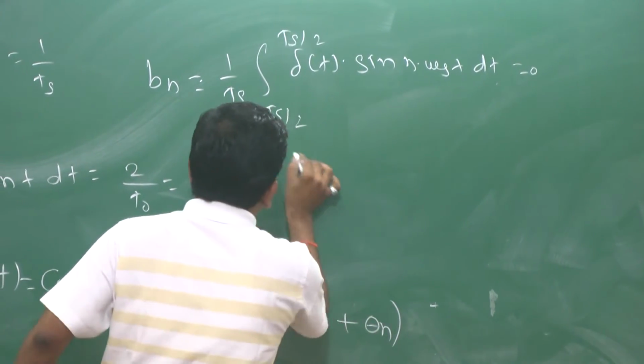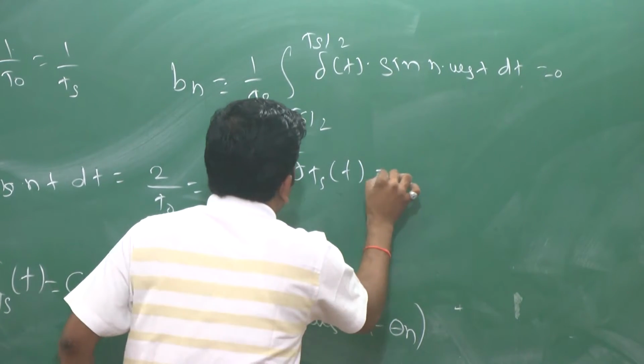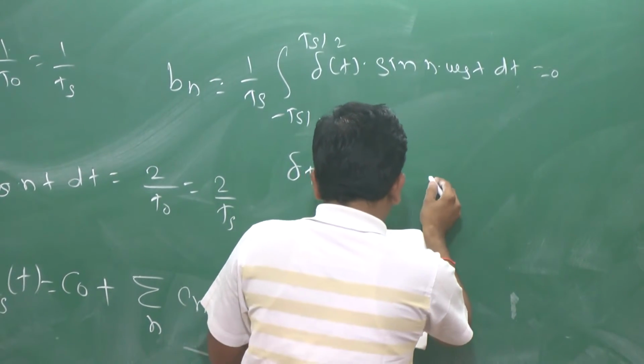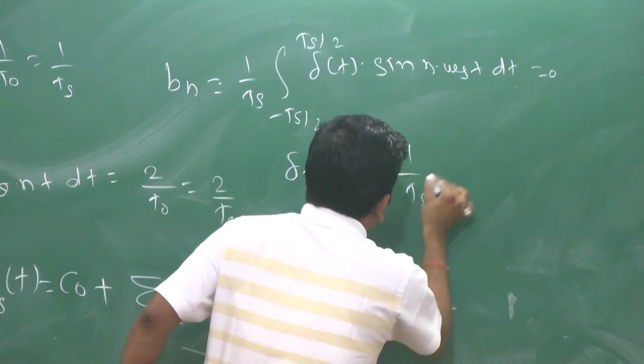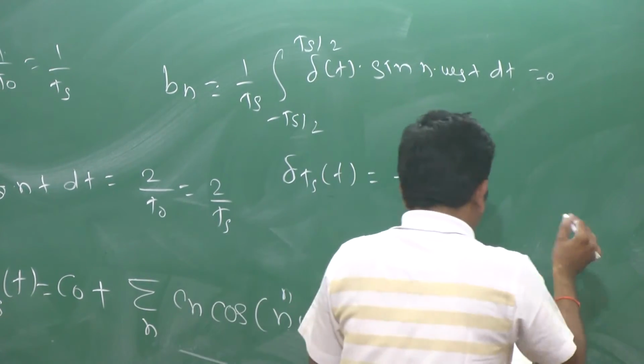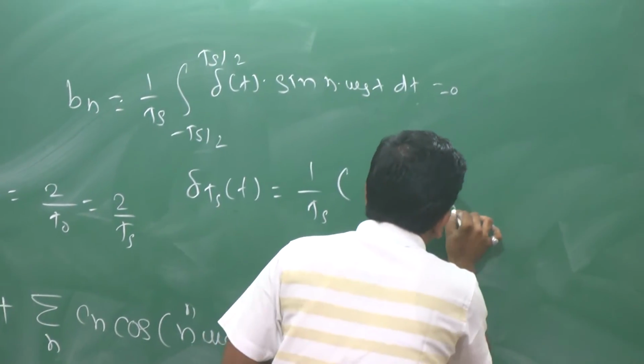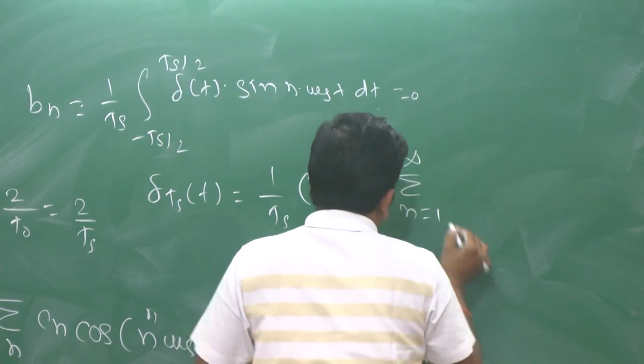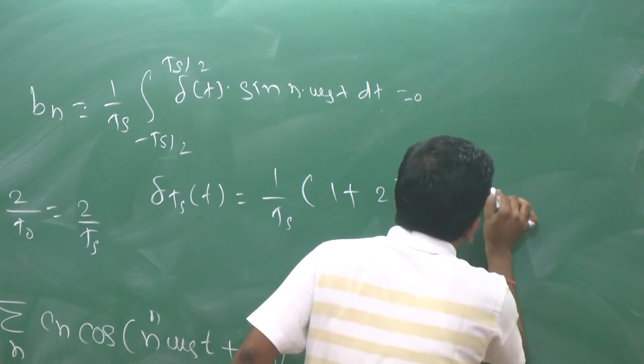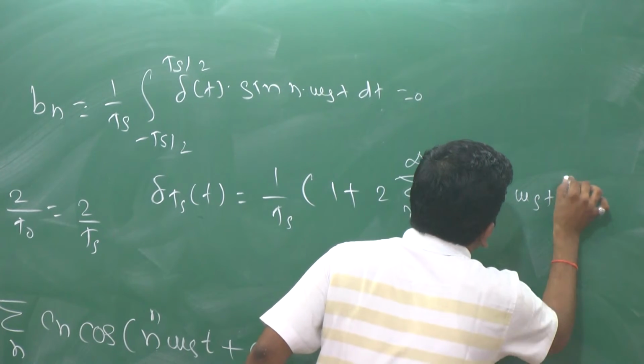So this can be represented as 1 by Ts times 1 plus 2 summation n is equal to 1 to infinity cos of n omega s t.